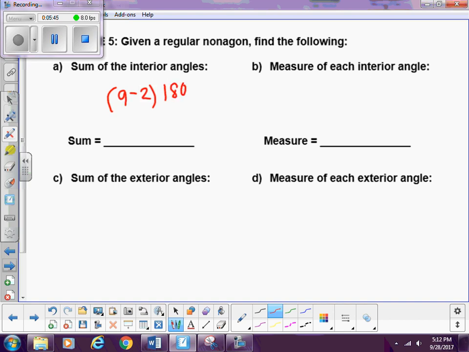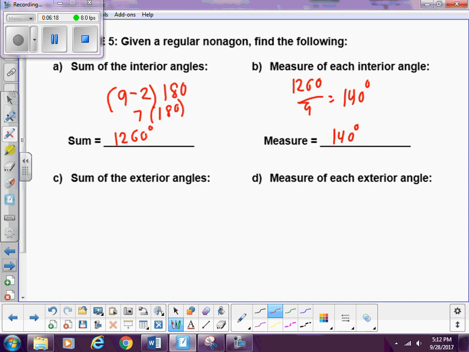So there are 7 triangles in a nonagon, and 7 times 180 is 1260 degrees. Now to get the measure of one interior angle, we take the sum 1260 and divide it by the number of sides, 9, and you're going to get 140 degrees. So one interior angle is 140 degrees, and all the interior angles are 140 degrees.